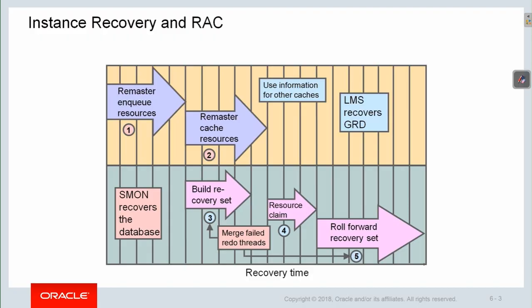The SMON process performs two-pass instance recovery, meaning that the SMON process accesses the failed instance's online redo log file twice. The first time to identify blocks to be recovered, and the second time to apply redo to recover the identified blocks. So that's by the SMON process.